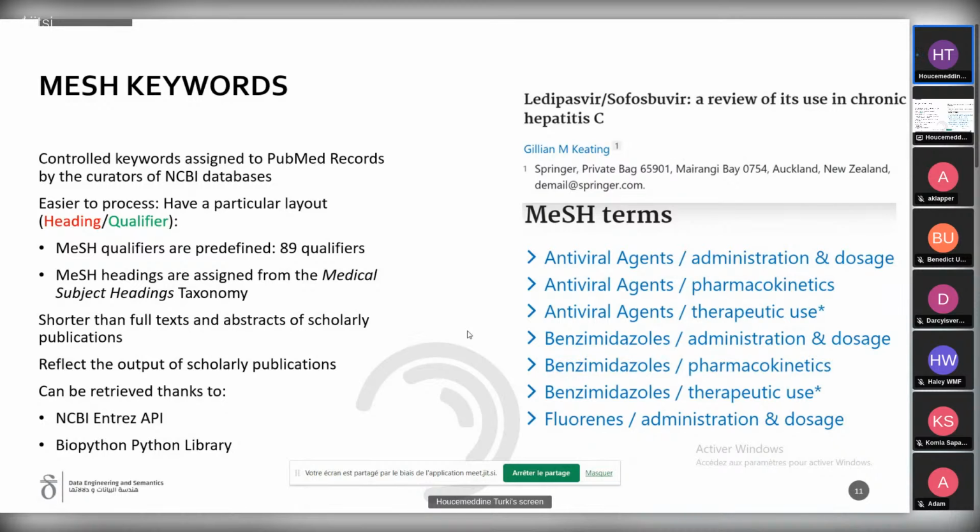The headings are assigned from the Medical Subject Headings taxonomy. They are shorter than full text and abstracts of scholarly publications, and they reflect the output of scholarly publications. They can be easily retrieved thanks to the NCBI Entrez API, and there is even a Python library called BioPython that can be used for such a purpose.